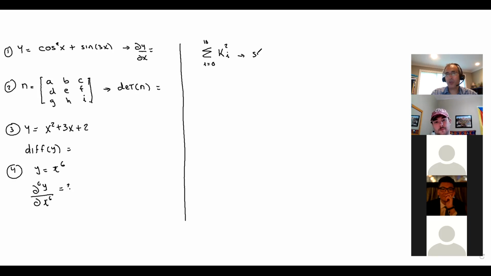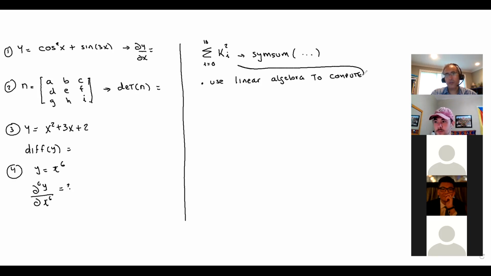And the MATLAB for this one here is symsum, etc. Can you do this, please? And another one is to use linear algebra to compute the same. Instead of doing this one here, I want you to compute the sum of the squares. This is the famous sum of the squares. Okay, 2 minutes to do that.